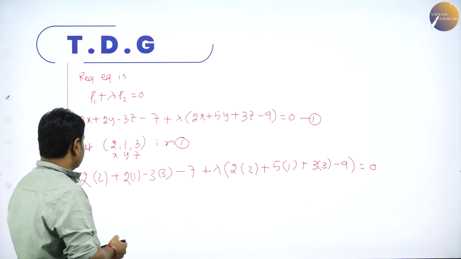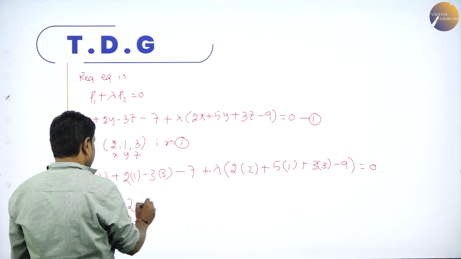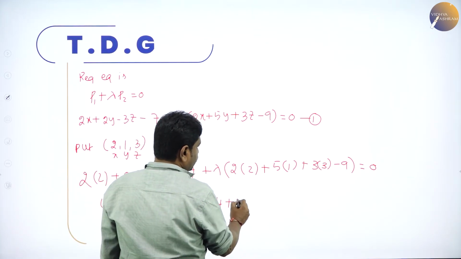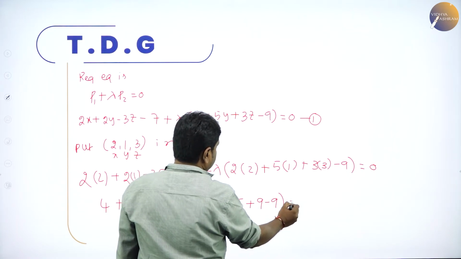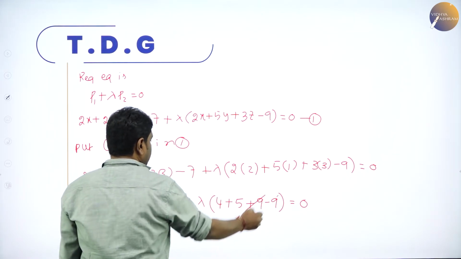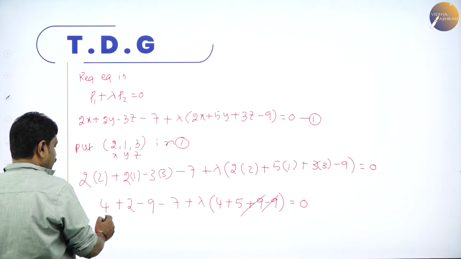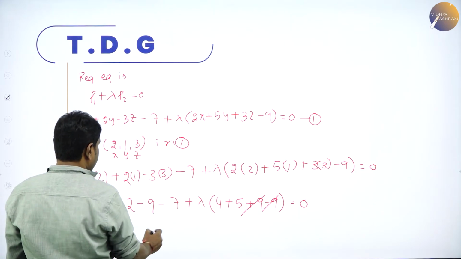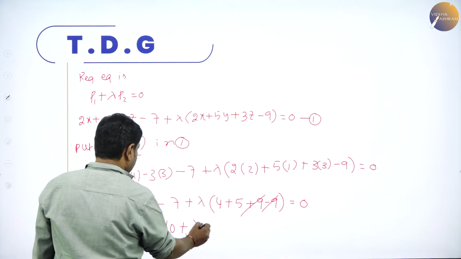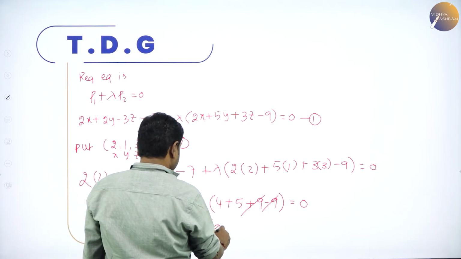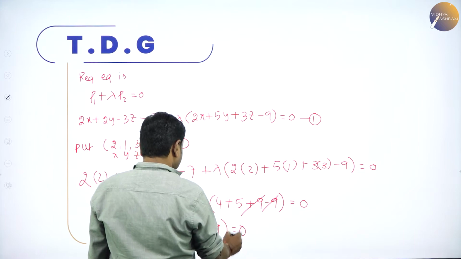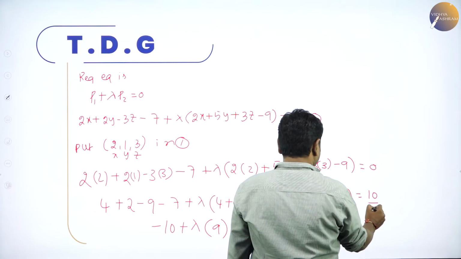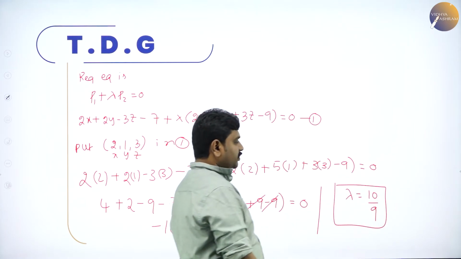Further simplify this: 4 plus 2 minus 9 minus 7, plus lambda times (4 plus 5 plus 9 minus 9) is equal to 0. So plus 9 minus 9 cancels, and here 4 plus 2 is 6, 6 minus 7 is minus 1, minus 10, plus lambda times (4 plus 5 is 9) is equal to 0. You will get the lambda value: lambda is 10 by 9.